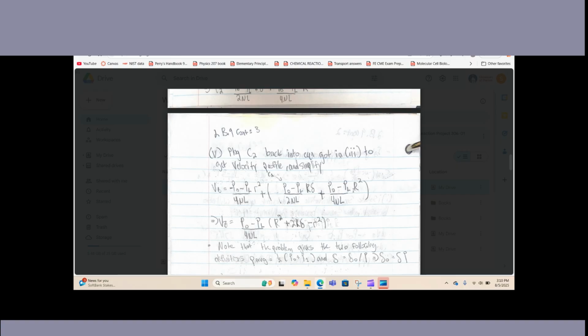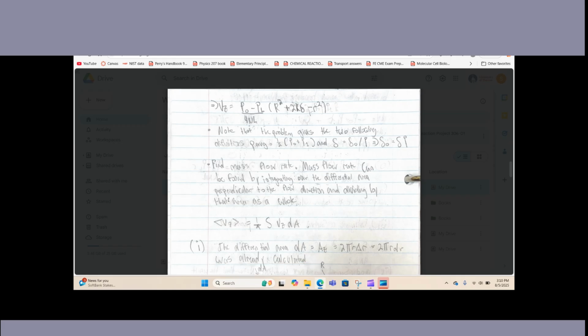So r squared plus this is 2 r sigma, and that's because this is 2 and not 4, so you can multiply that by the 2 to make it 2 in the denominator instead of 4, and then minus the r squared because there's a negative sign here. So what the problem gives are the two following definitions, and I said that earlier. And also rho average is just the same as this, but with densities.